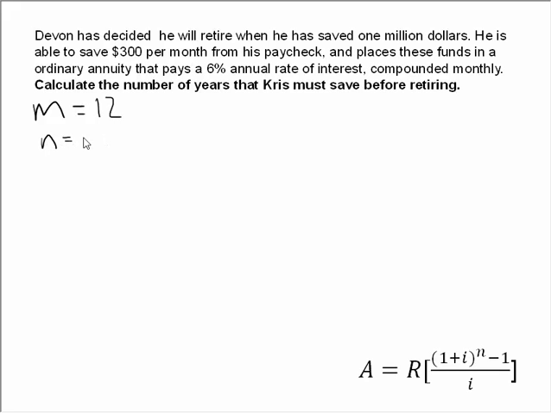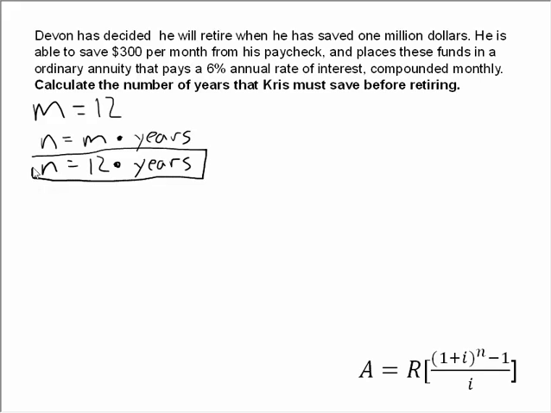N is equal to M times the number of years. But we don't know the number of years. In fact, that's what we're trying to find out. But we do know what M is. M is 12. So we can write this equation like this. And this will be an important one, and we will return to that equation at the end of the problem.